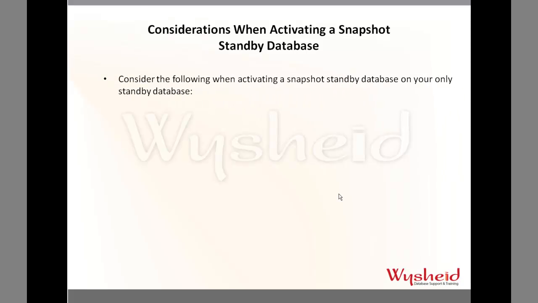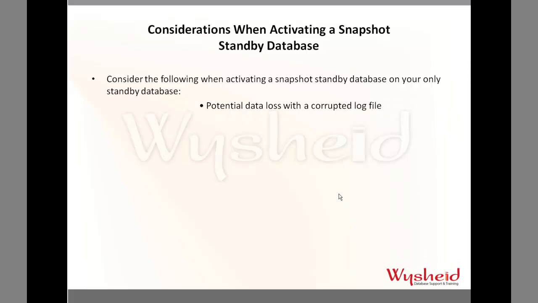Now let's see the considerations when we are activating a snapshot standby database. Suppose there is a corrupted log file which was created when the database was running in the snapshot standby role.